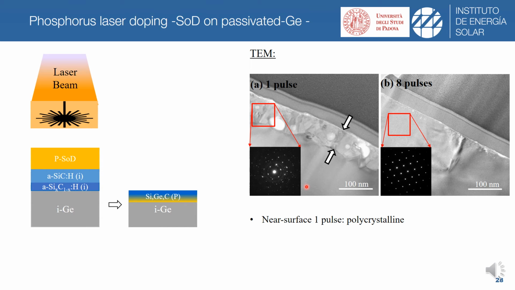Contrarily, for the 8 pulses condition, the near surface is already monocrystalline, but still with some defects. Unfortunately, the 16 pulse laser condition, which was the best one in terms of crystallinity according to X-ray diffraction and Rutherford backscattering measurements, could not be analyzed by TEM.